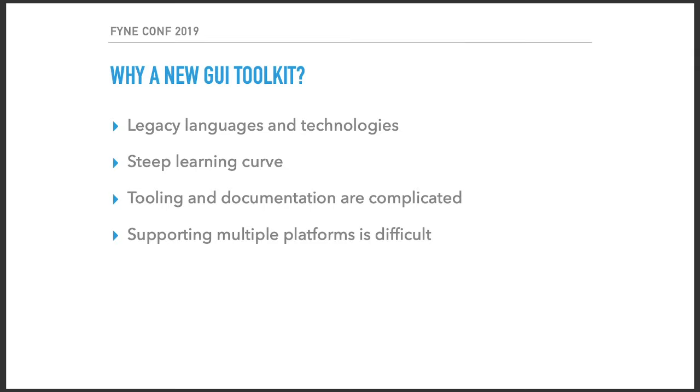And if we got it right, maybe we would even see more open source graphical applications out there, either looking really great or just being much easier to get involved with and to improve over time.